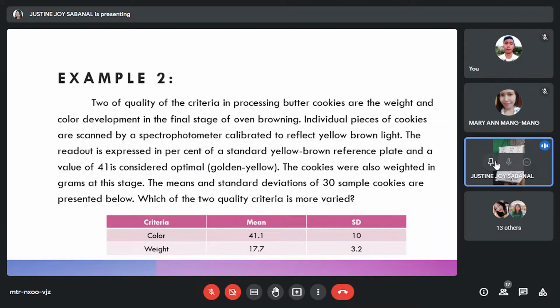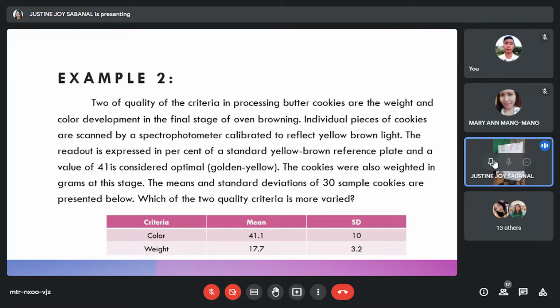Let's take for example, 30 daw yung sample cookies na kinuha sa kanila. So, in terms of the variation sa color, 0.2433 times 30. So, nasa 7 point something yon. So, 7 or 8 data po yung nagva-variate or nagde-deviate, I mean, doon sa ating dataset.